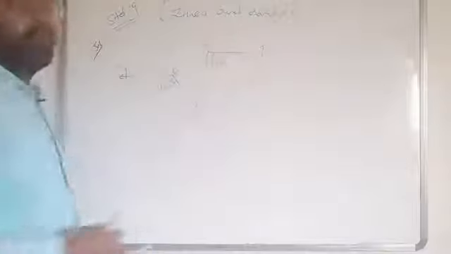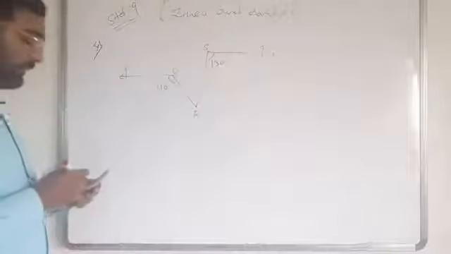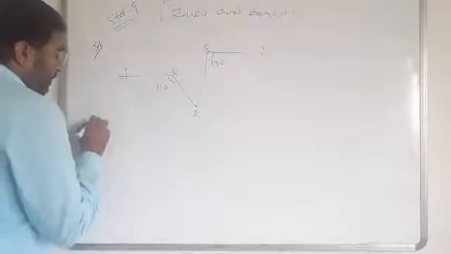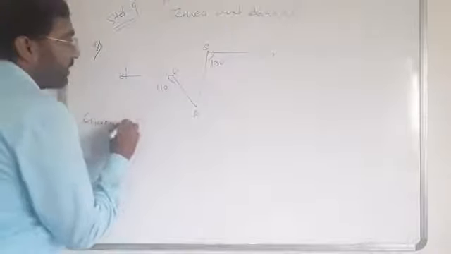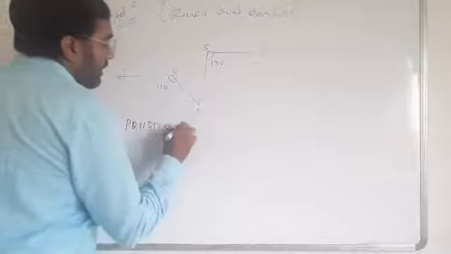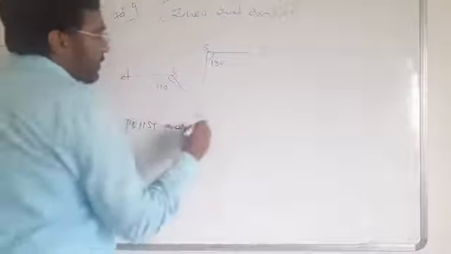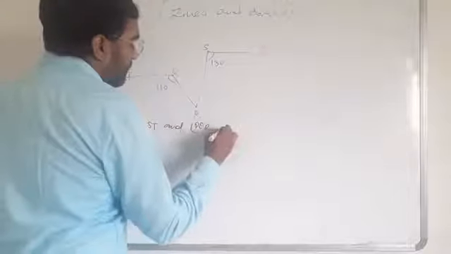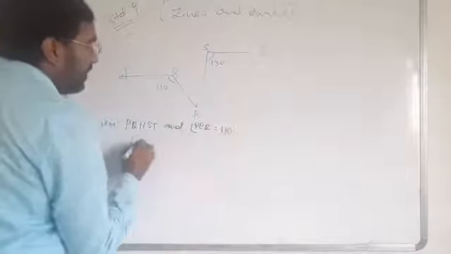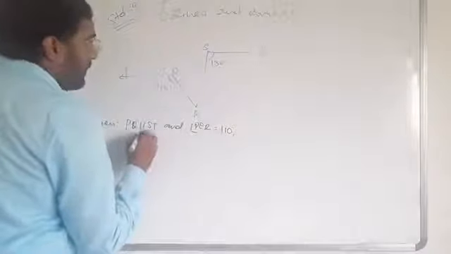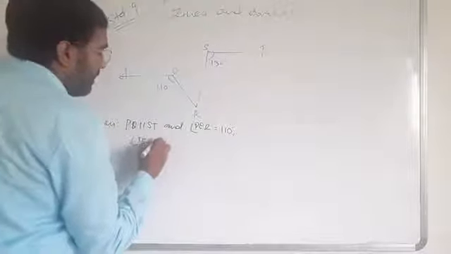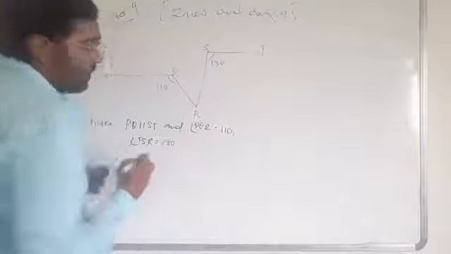And PQ is parallel to ST. So we have to write in the given: PQ is parallel to ST, angle PQR is equal to 110 degrees, and angle RST or TSR, any one of them you have to write. I'll write TSR is equal to 130 degrees.